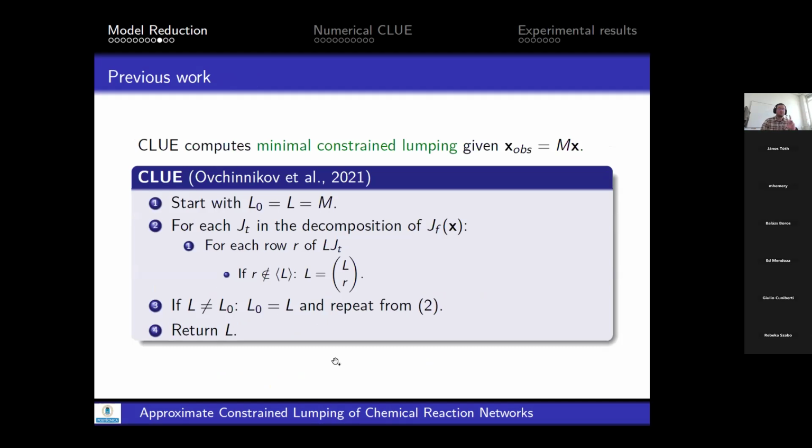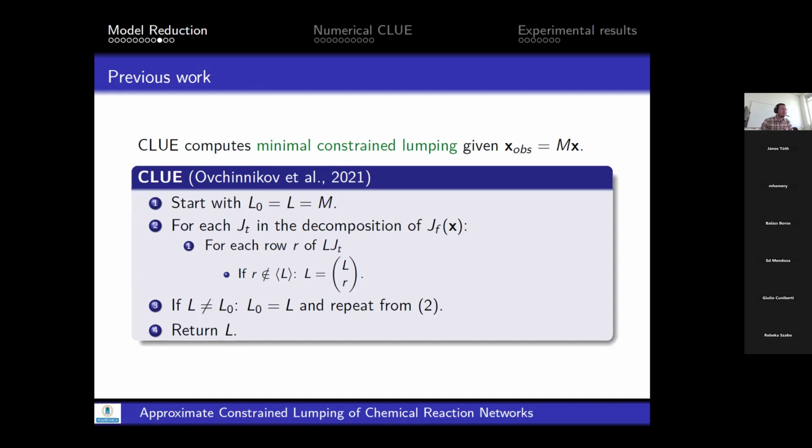So with this, as I was saying before, Ovchinnikov and collaborators built an algorithm called CLUE that computes the minimal constrained lumping for a given observable. So you have as an input the full differential system and a set of linear observables that you want to preserve.